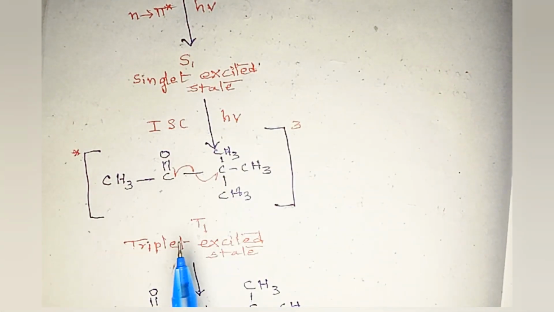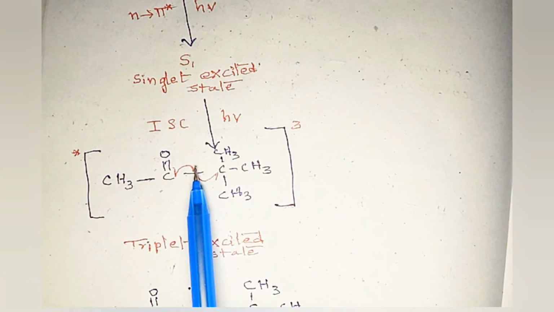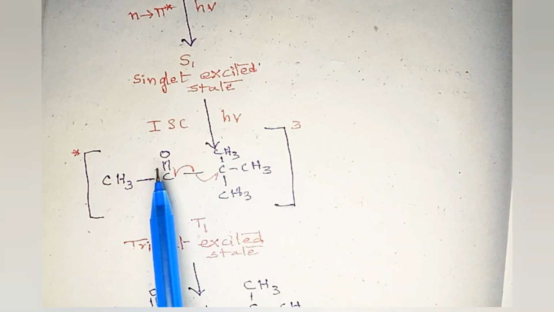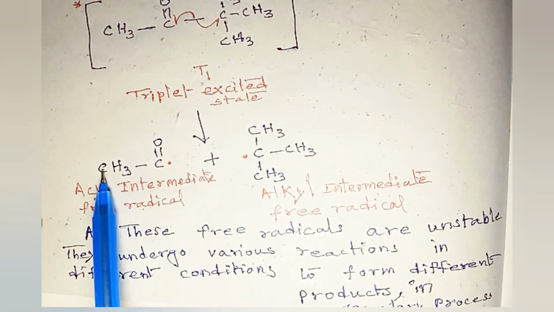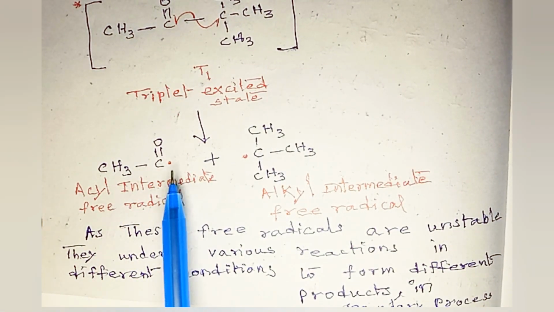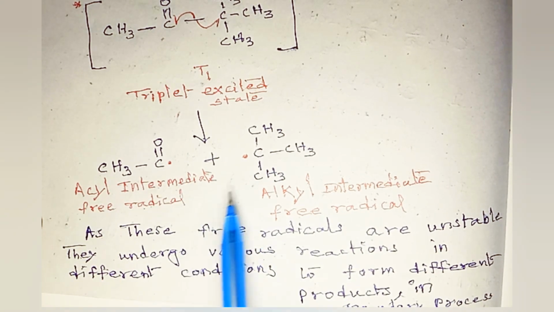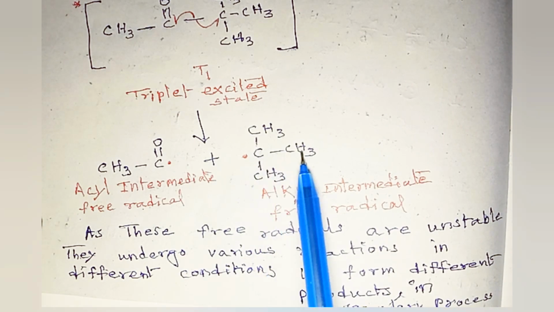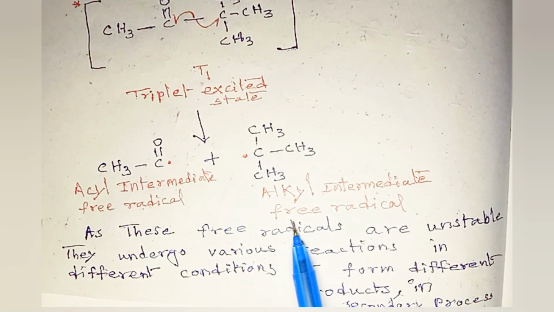In the triplet state, this side of the alpha bond cleaves to form a tertiary radical and a primary radical. So this alpha bond cleaves to form CH3 C double bond O radical, which is acyl intermediate free radical, and CH3 radical, which is alkyl intermediate free radical.